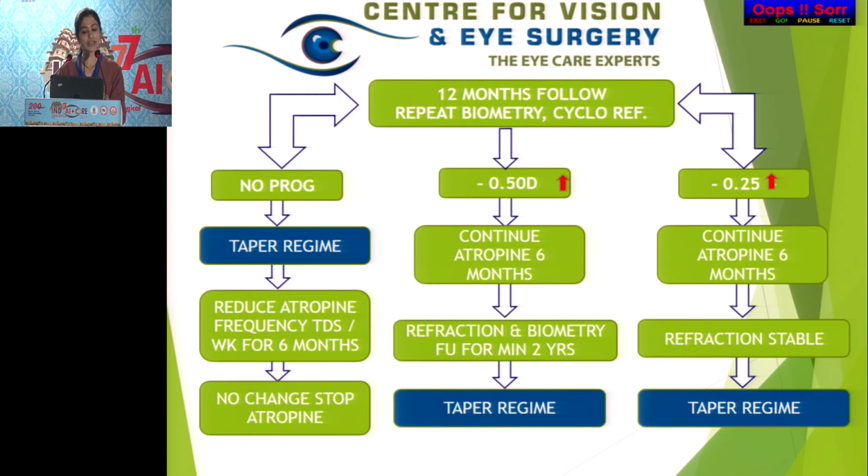If there is no progress, meaning the refraction stabilizes, we follow the taper regime, which is essentially reducing the atropine frequency to 3 times a week because of the high rebound effect. That's why we've put it for 3 times a week, generally Monday, Wednesday and Friday, and the patient is asked to come back in 6 months.